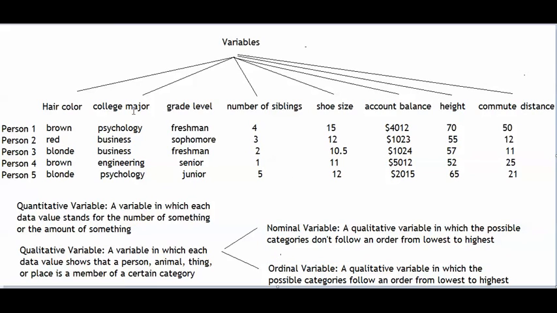College major would be a nominal variable because the possible college majors that we might record don't follow in order from lowest to highest. All possible categories are equal. Hair color would also be a nominal variable because the possible hair colors that we might record don't follow in order from lowest to highest. All categories are considered to be at the same level.